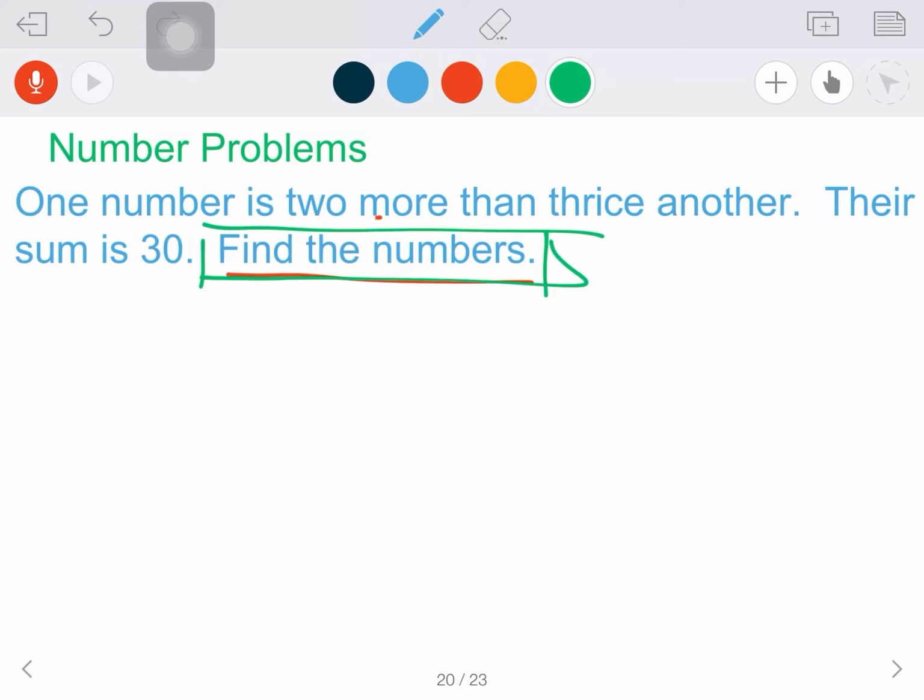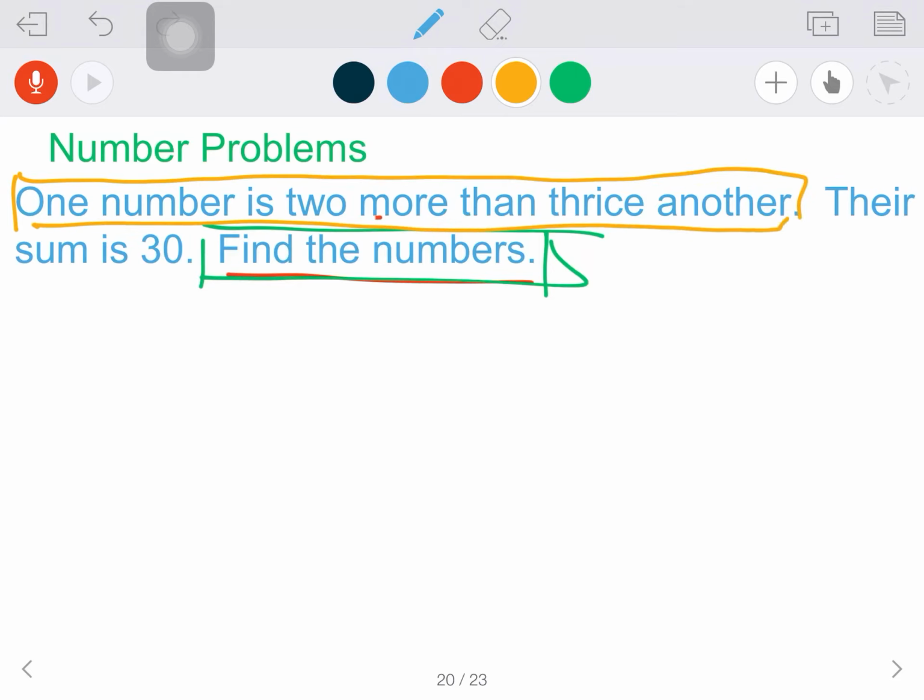But here you can see the first statement is actually a clue to represent the unknown. The second statement as well could be used to represent the unknown.